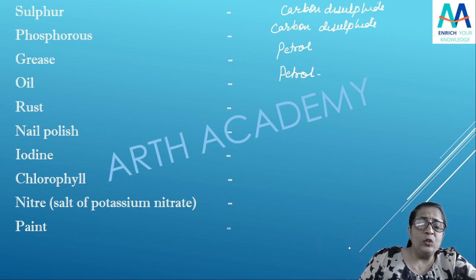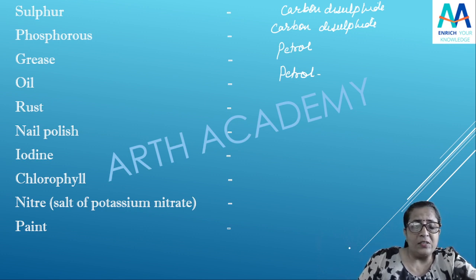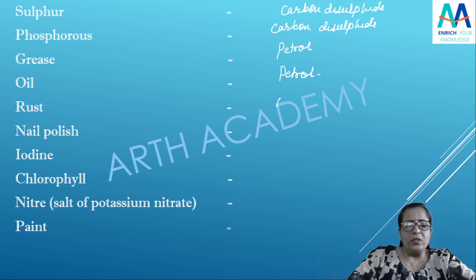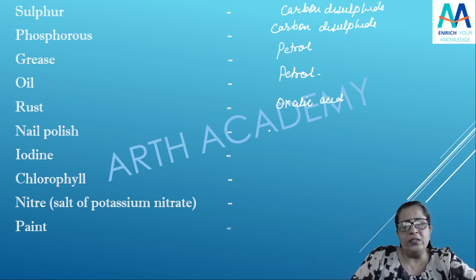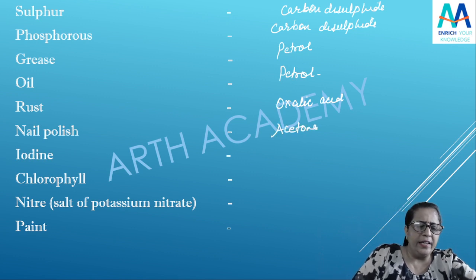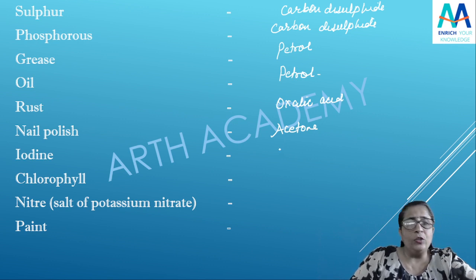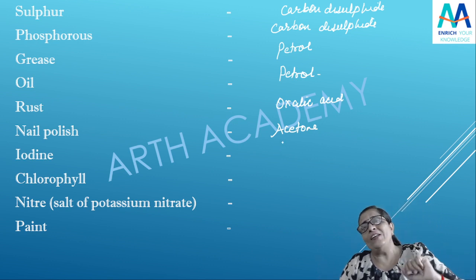यदि मैं बात करती हूँ rust, you must have seen the rust. So for rust you have to use what? Oxalic acid as a solvent. If it is nail polish, you all know what it is? Nail polish remover क्या रहता है? Acetone, isn't it? Then iodine, for that the solvent, I told you tincture iodine कैसे बनता है?